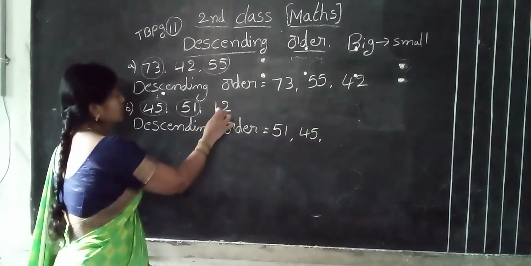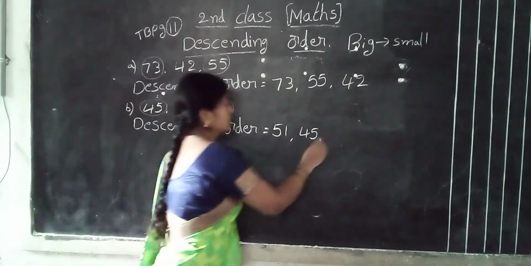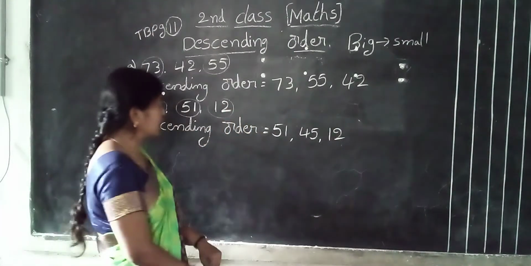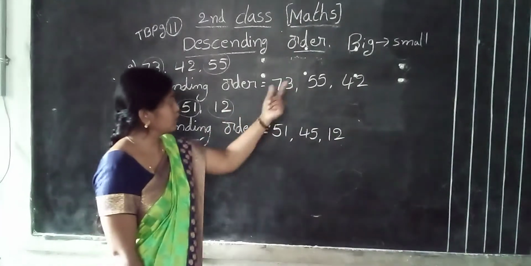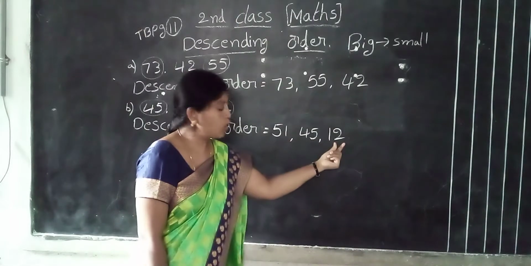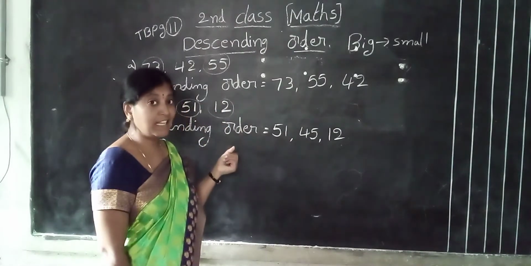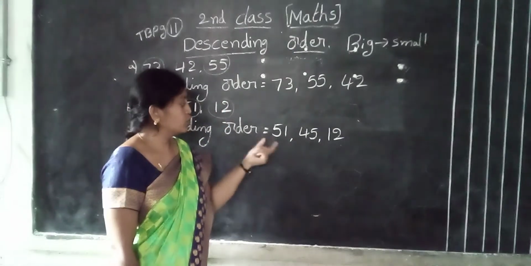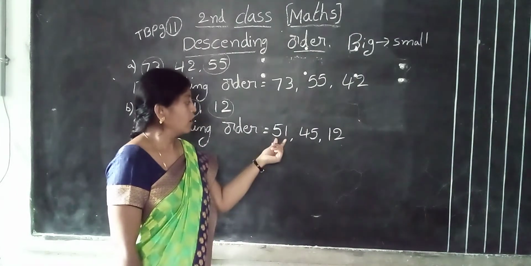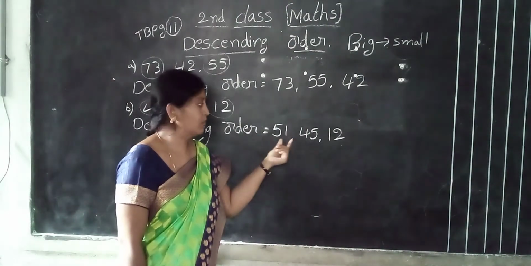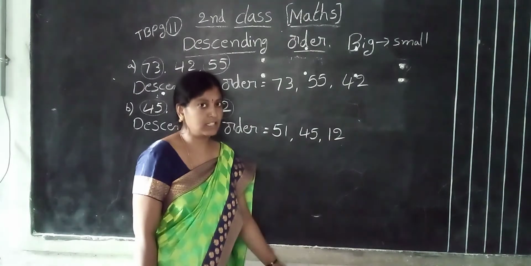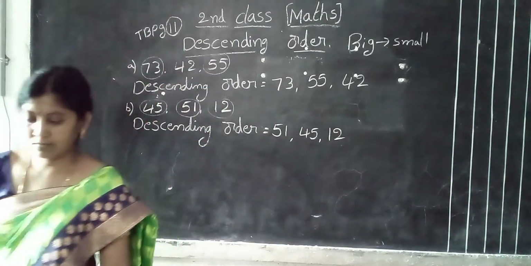So next 12. Observe children, descending order is big to small. So in this, which one is the biggest number? Tell me children. 51 is the biggest number, 12 is the smallest number. Note down children.